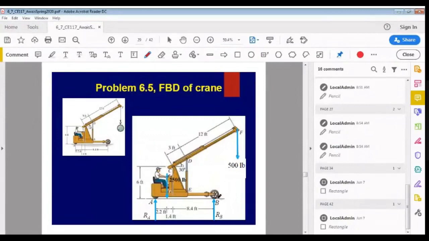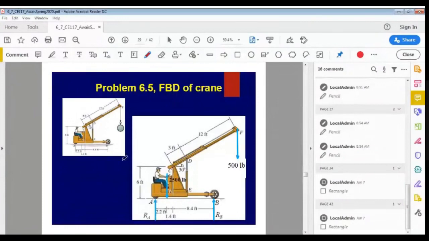Now this crane is supported with the help of a wheel on a certain road surface, and it means that this crane can move horizontally, so there will be no reaction force horizontally, but there will be only a vertical force because vertical motion of the crane is prevented. Okay, so if I remove the earth surface, I will get one reaction force over here.